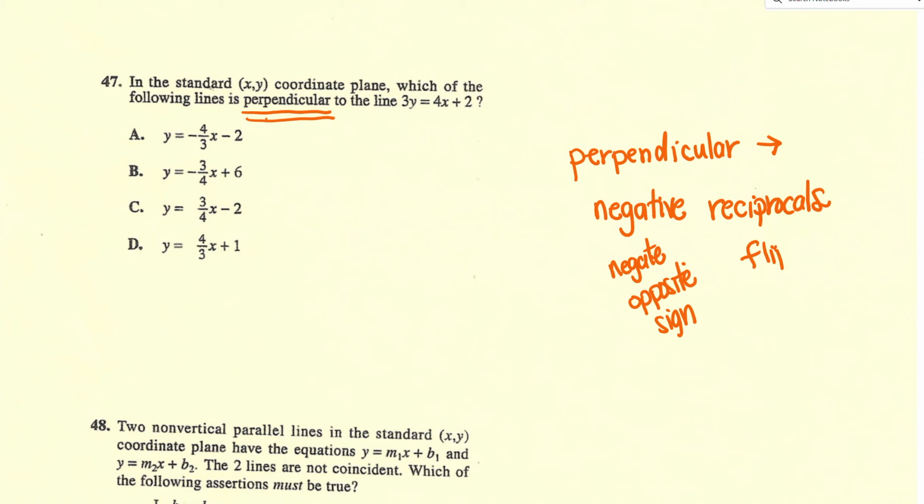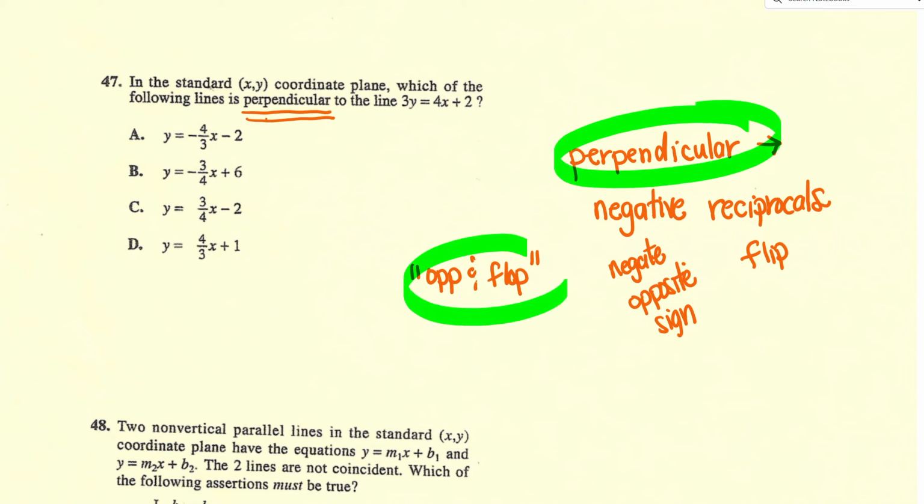Reciprocal means to flip. So perpendicular lines are negative reciprocals, which means you take the opposite sign and you flip it. So here's a way to think about it. You're going to op and flop. So perpendicular lines, you do the op and flop. So let's get this line in the correct form. I need to just basically divide everybody by 3.